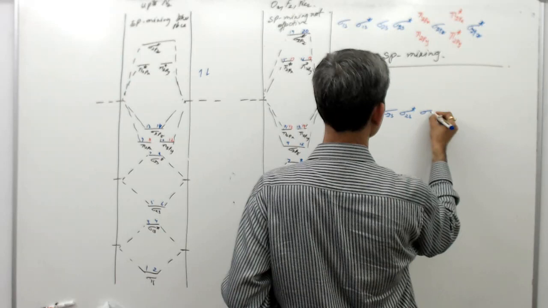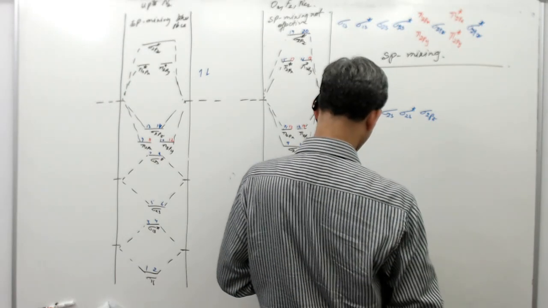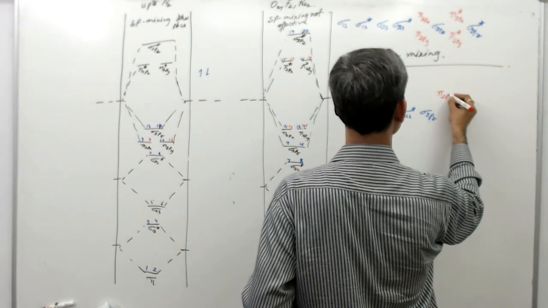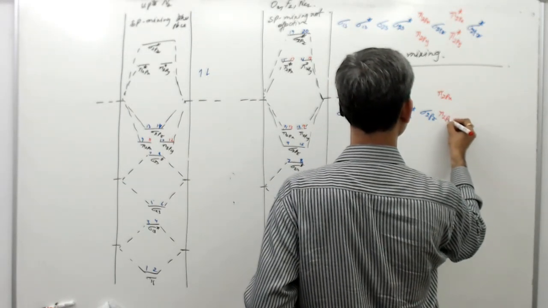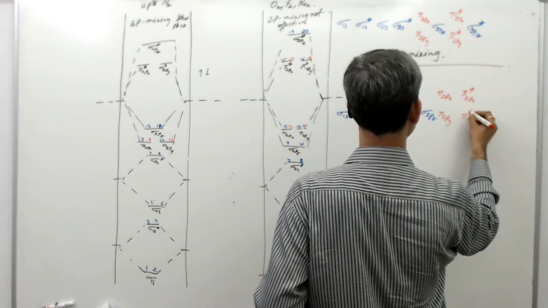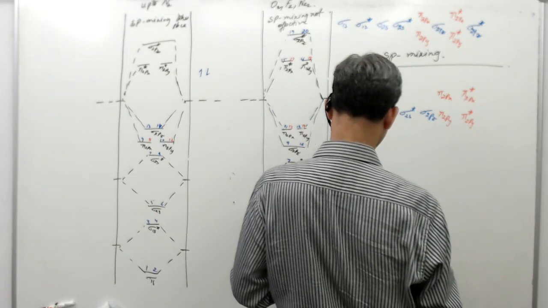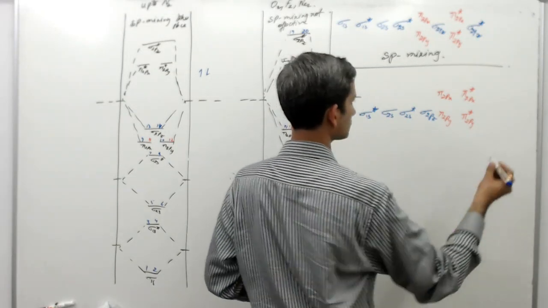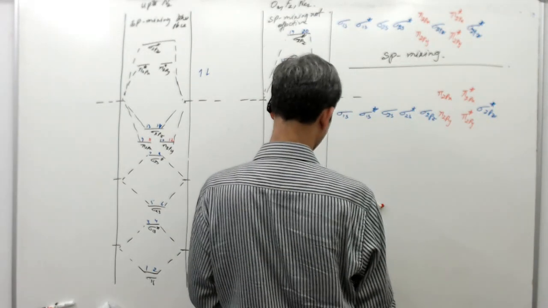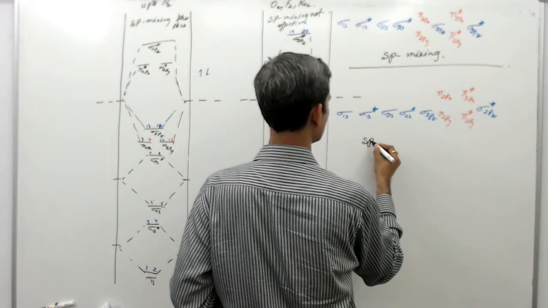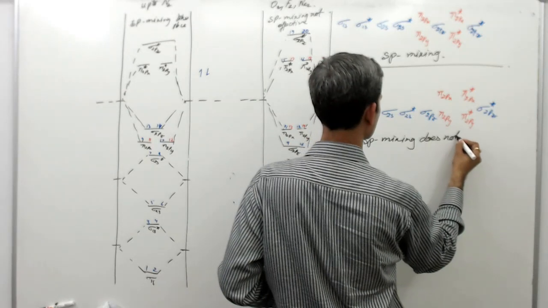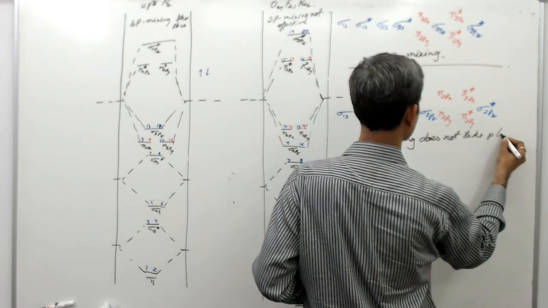We have sigma 2pz, and then we have pi 2px, pi 2py, pi star 2px, pi star 2py, and sigma star 2pz. So here it is, sp mixing does not take place.